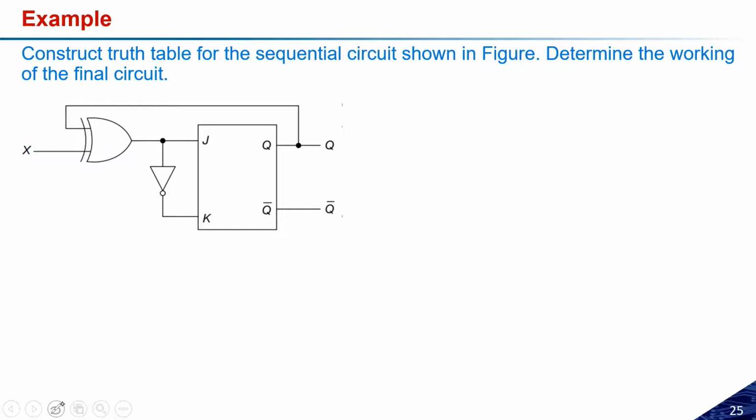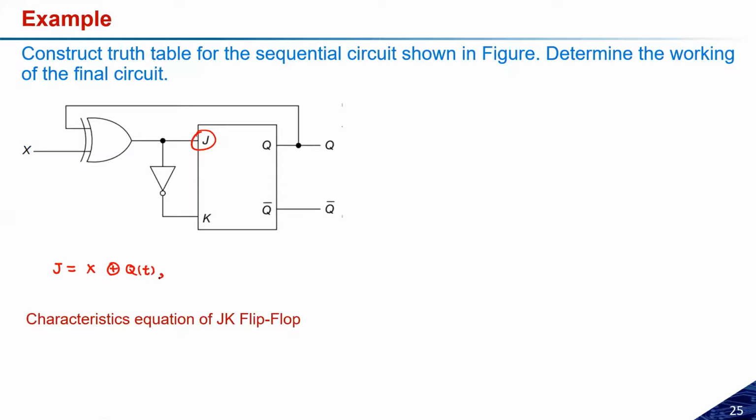We know that, if you can see here, J is nothing but X XORed with Qt.